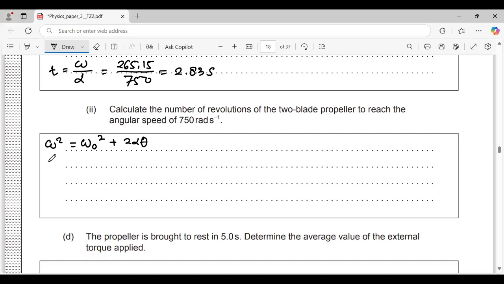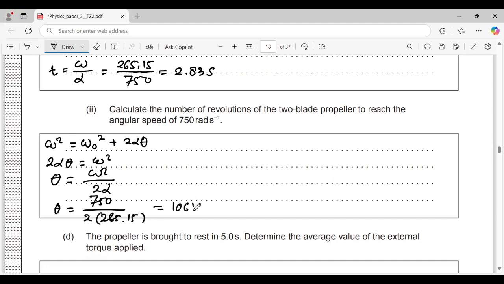So theta equal omega squared over 2 alpha, which is 750 squared over 2 times 265.15, and the result is 1061.7 radians.